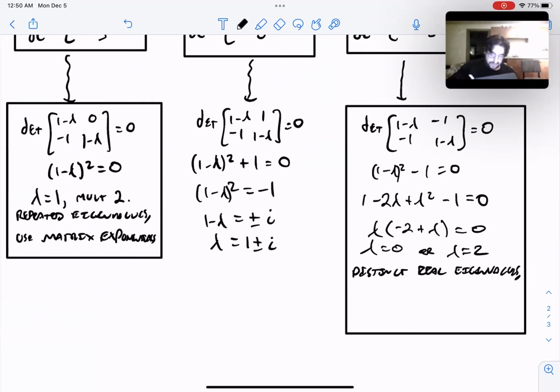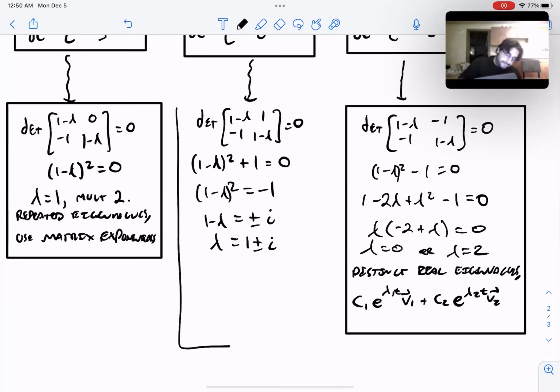So our solution is going to look like C1 e to the lambda 1 t v1 plus C2 e to the lambda 2 t v2, where lambda 1 and lambda 2 are the eigenvalues and v1 and v2 are the eigenvectors. So that's how we're going to get our solutions there.